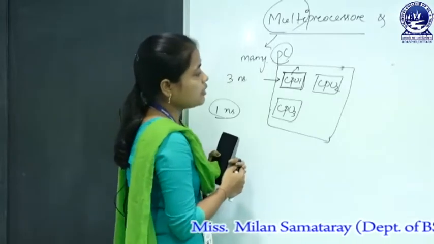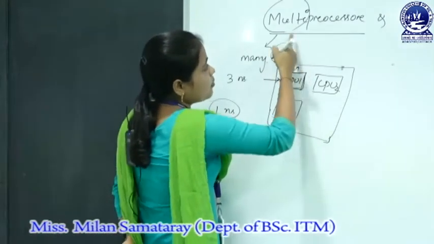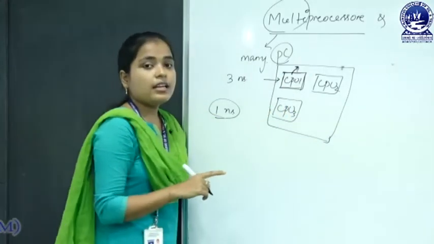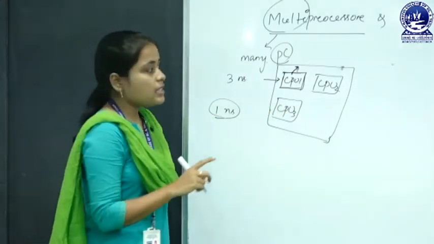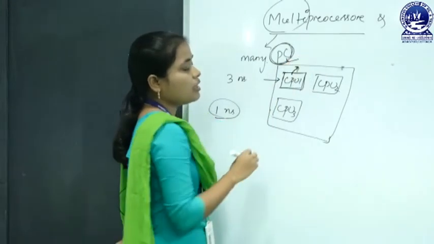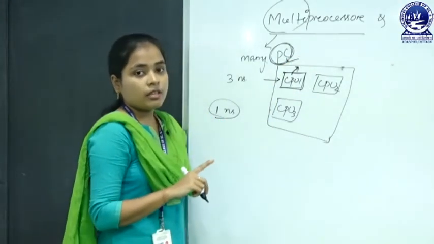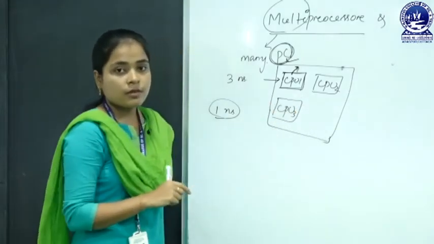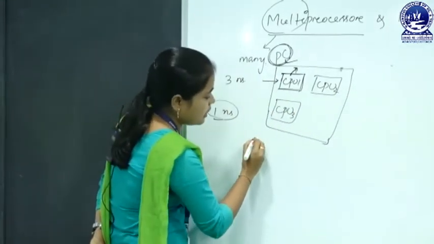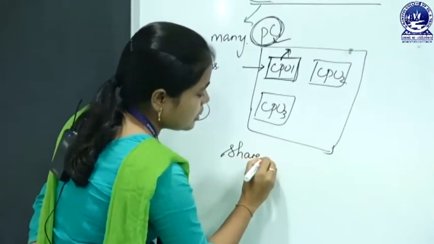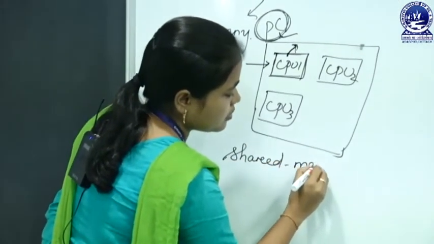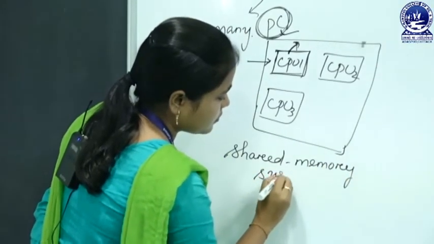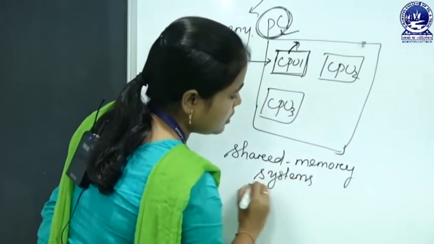So, what they do in the multiprocessor concept is that each CPU shares a single memory. That means a single computer has a single memory and that memory is shared by all these processors. So, this system is otherwise called a shared memory system. Shared memory systems.